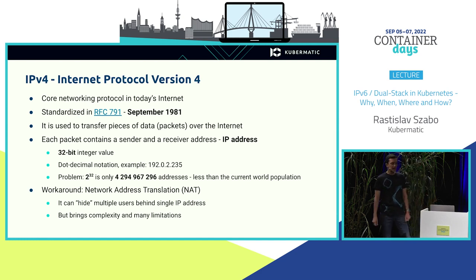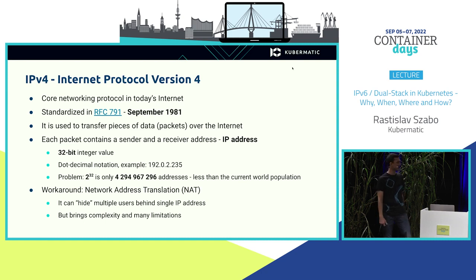192.0.2.235. And one of the problems with IPv4 is that 2 to the power of 32 gives us only about 4 billion possible addresses. Which is less than the current world population. So obviously, it is not enough for the demands that we have right now, where everybody is using multiple internet-connected devices.